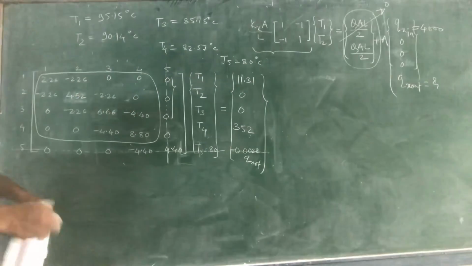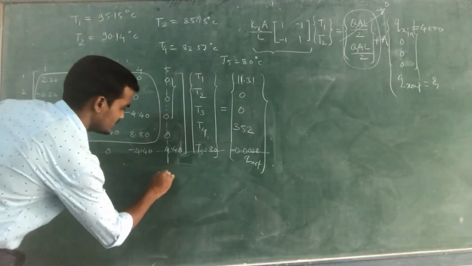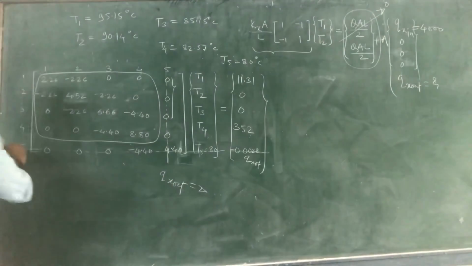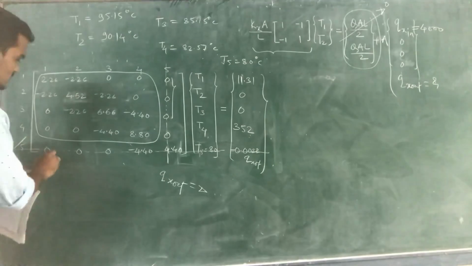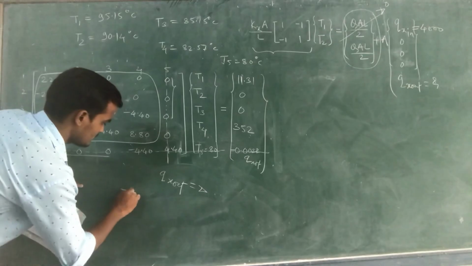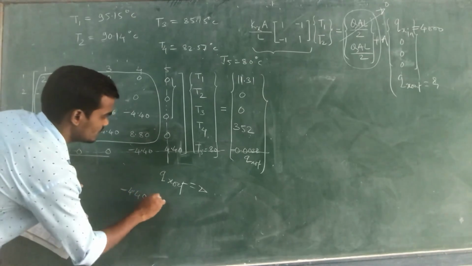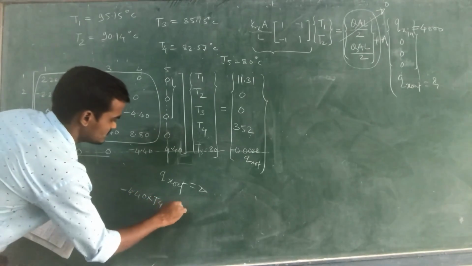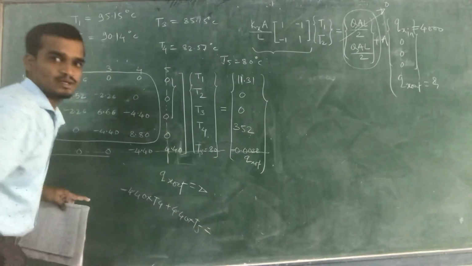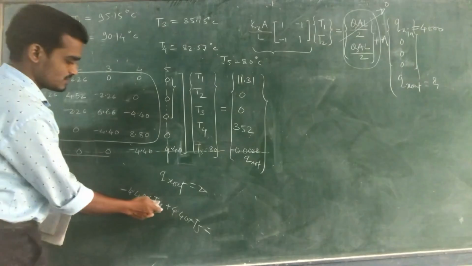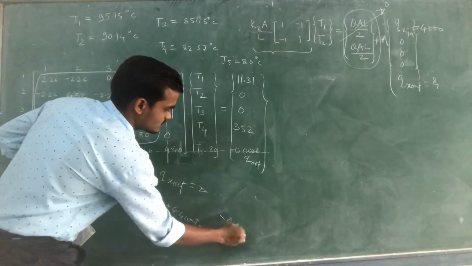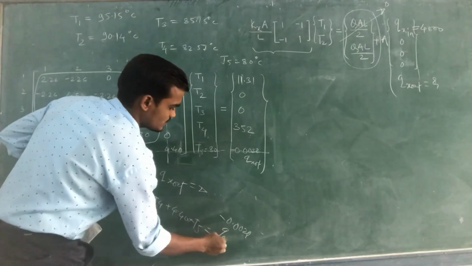And finally, you can find out the heat going out, Qx out, by using this last equation. For this equation, the values are 0, minus 4.40 T4 plus 4.40 into T5 is equal to minus 0.0028 Qx out.